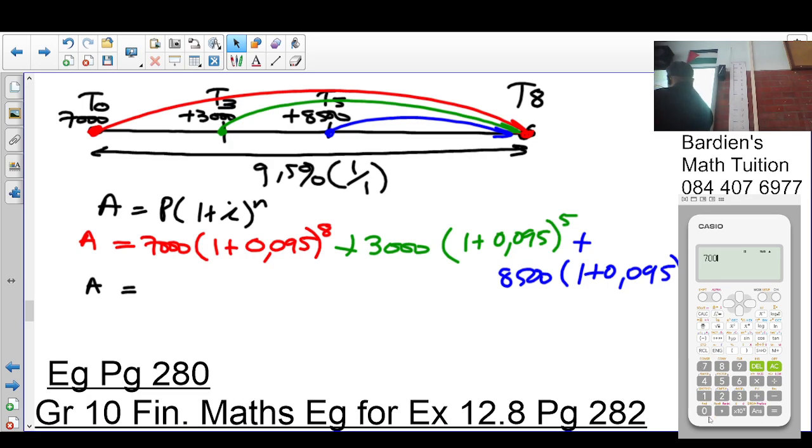So it will be 7,000 into 1 plus 0,095 to the exponent 8, plus 3,000 into 1 plus 0,095 to the exponent 5, plus 8,500 into 1 plus 0,095 to the exponent 3.